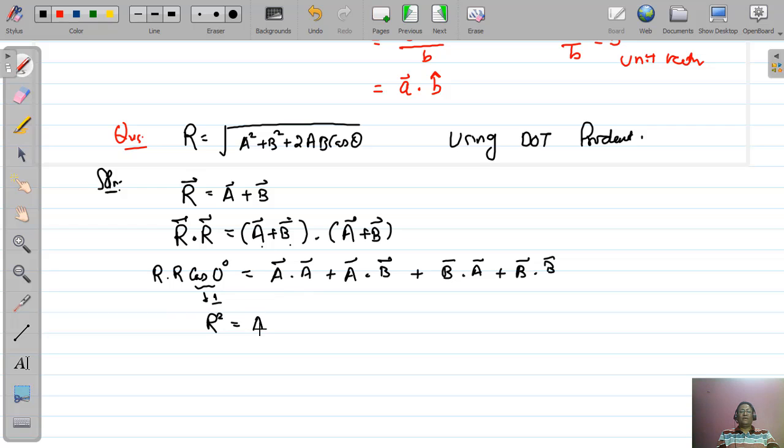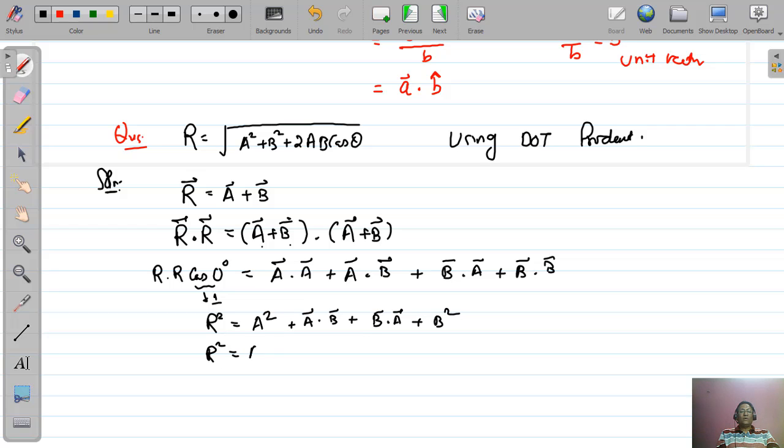By definition, we have already defined in the dot product, if you see our previous videos, we get a square plus vector a dot b plus vector b dot a plus b dot b, which is simply b square.